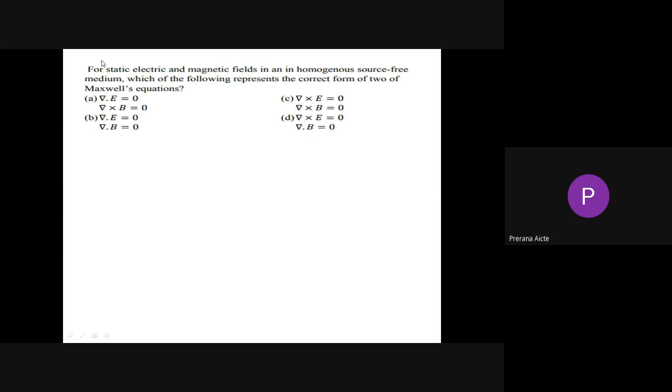First one is del dot E is equal to 0 and del cross B is equal to 0. Second one is del dot E and del dot B both equal to 0. Third one is del cross E and del cross B equal to 0. And fourth one is del cross E is equal to 0 and del dot B is equal to 0. So which one is correct?